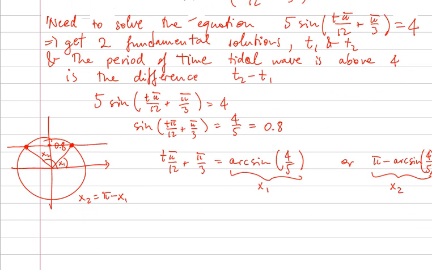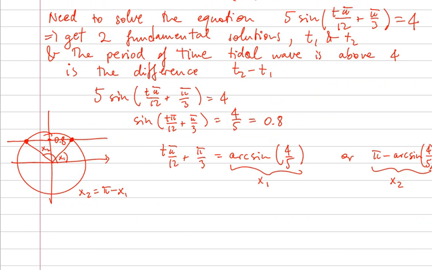And then you need to solve for t. So you'll have pi over 12 t equals x1 minus pi over 3, or pi over 12 t equals pi minus x1 minus pi over 3.